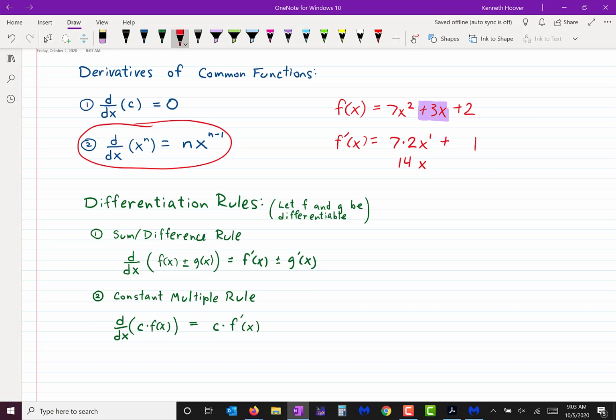Because it will be 1 times x to the power 0. And 1 times x to the power 0 is 1, right? And then using this rule, the derivative of 3x would be 3 times 1. Okay, and then we have a plus 2.